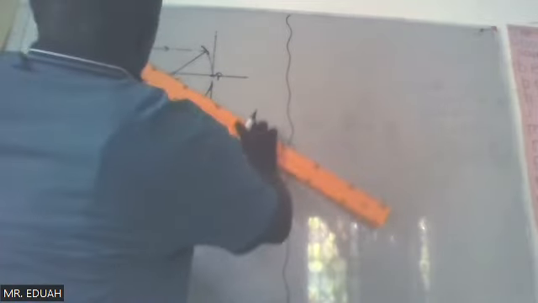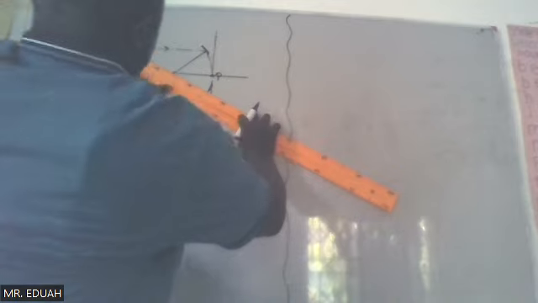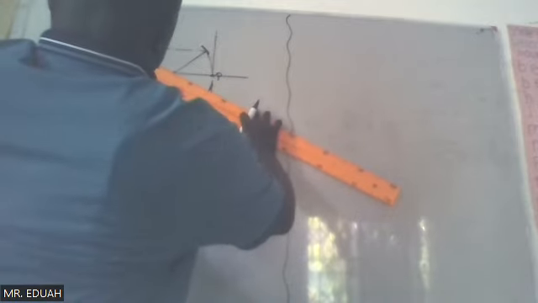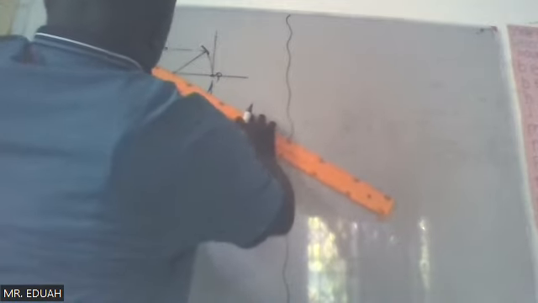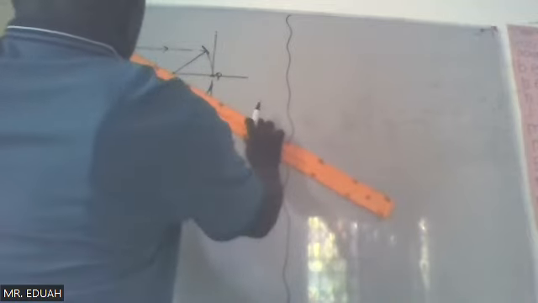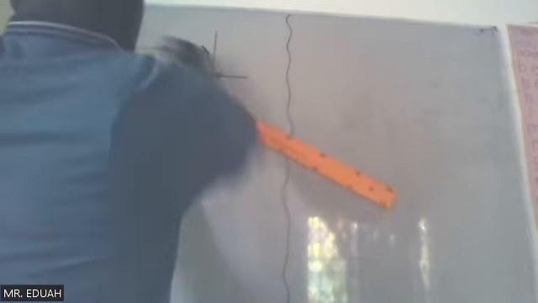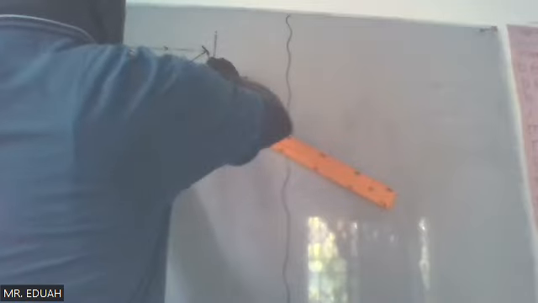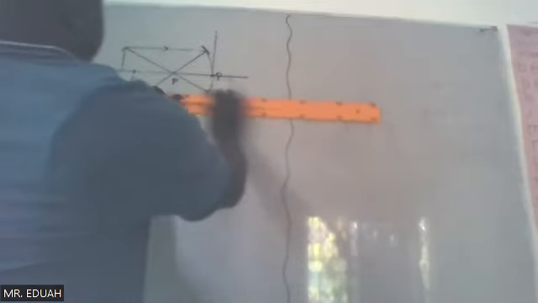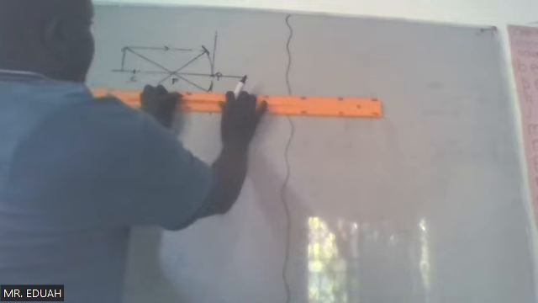Then a ray of light passing through F, after reflection, would have to be parallel to the principal axis.